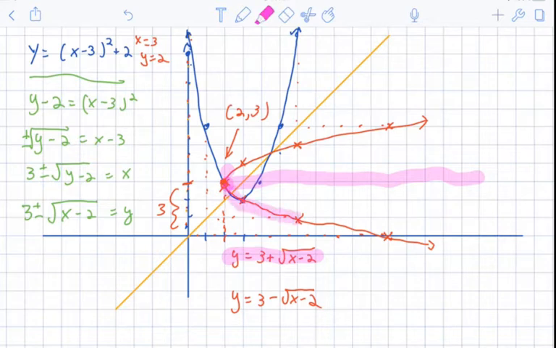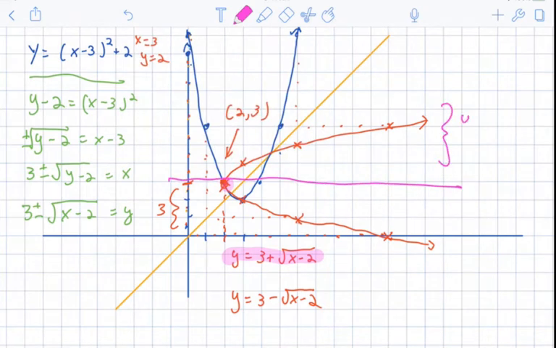It's that branch. So when you graph the parabola and then flip it sideways, what we get is two expressions, one on top of the other. This one here is y is equal to 3 plus the square root of x minus 2, and this one here is y is equal to 3 minus the square root of x minus 2.